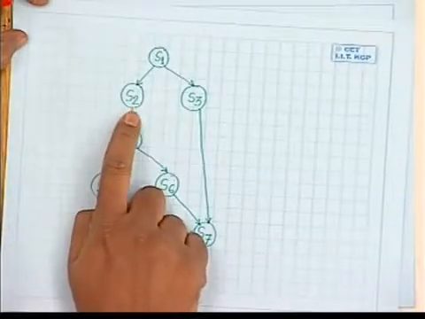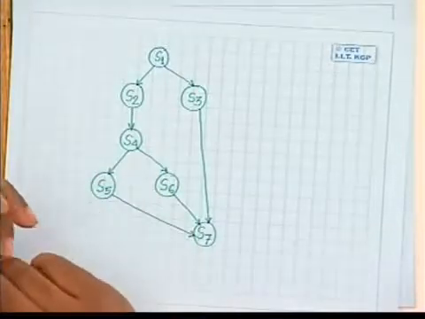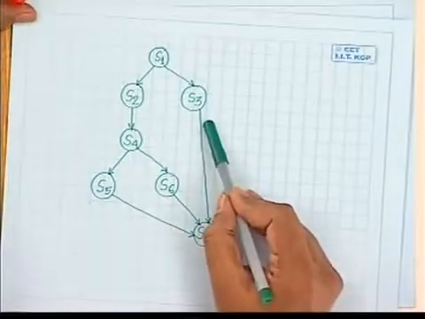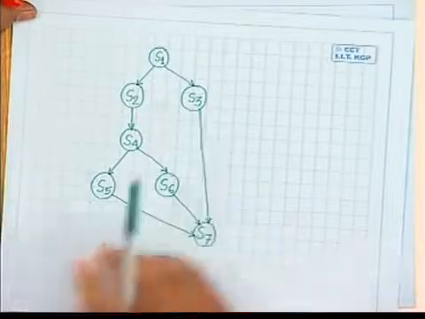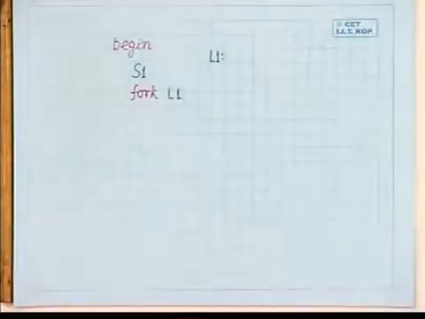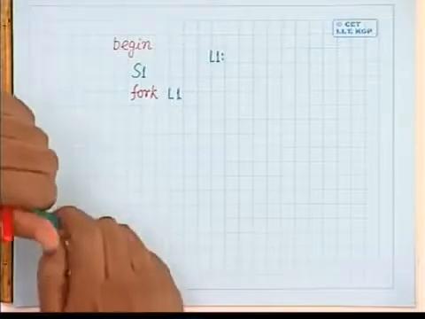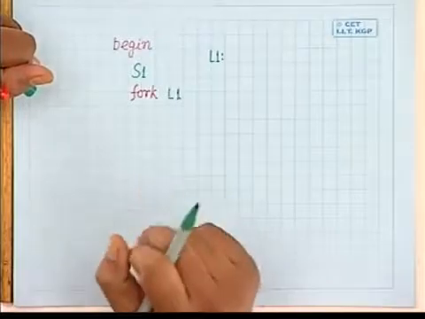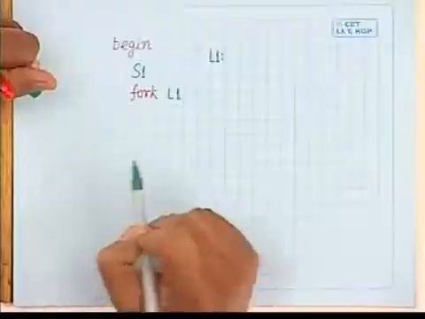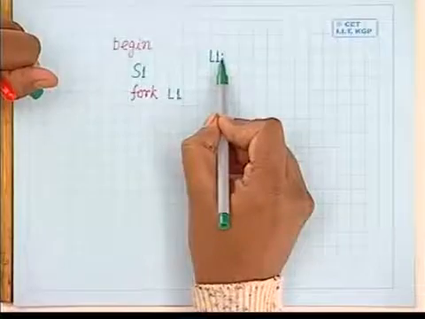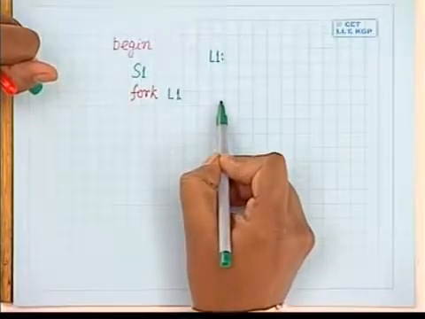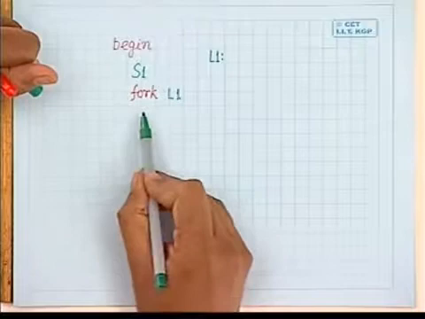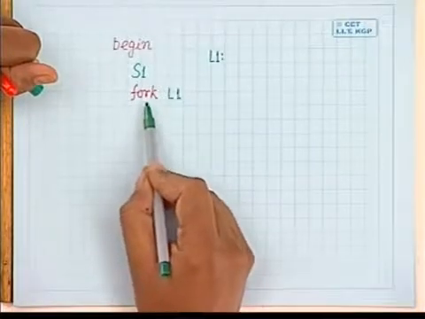After execution of S1, I have given a fork statement which creates an additional process. So now I have two processes, one is the parent process, and the other is the child process that has been created. One of these two, either the parent or child, will continue with the statement at label L1, and the other one will continue execution with the statement following this fork statement.